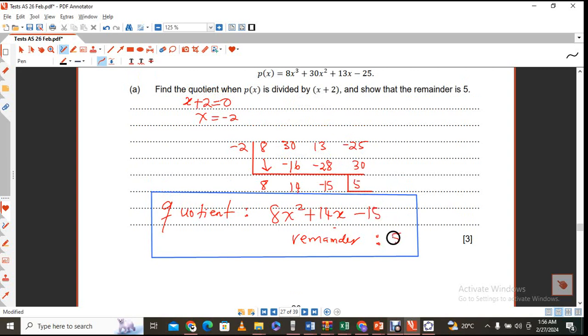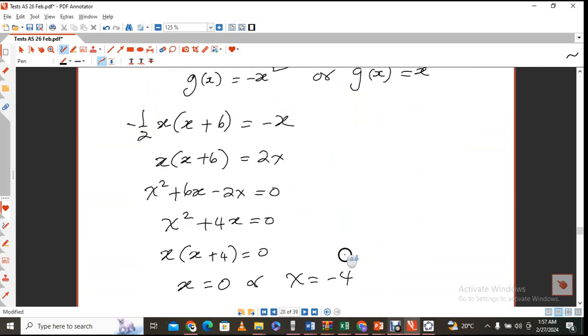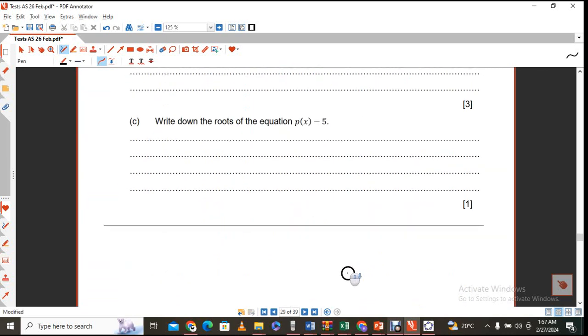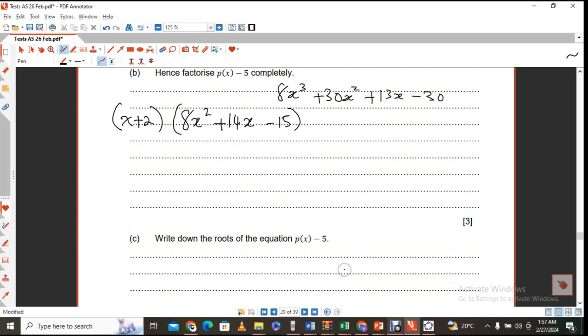But if we say now the whole function minus 5, then it means there's no remainder. Therefore, this 8x squared plus 14x minus 15 would be the other factor that goes into that. So we'll only have to factorize 8x squared plus 14x minus 15 now, and we don't have to do the whole thing over again with long division. It's just a matter of us now finding the two other factors.